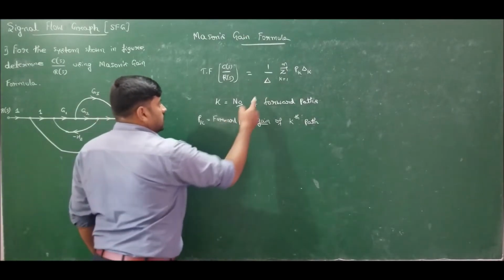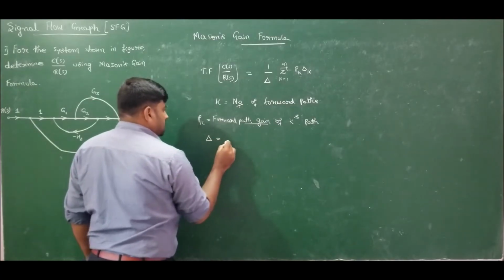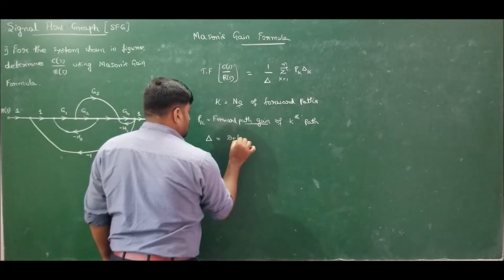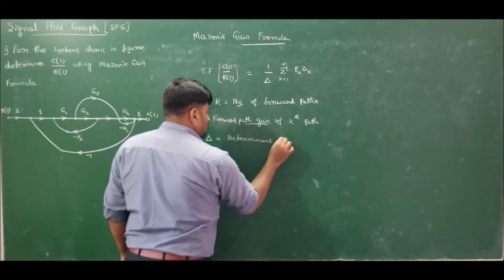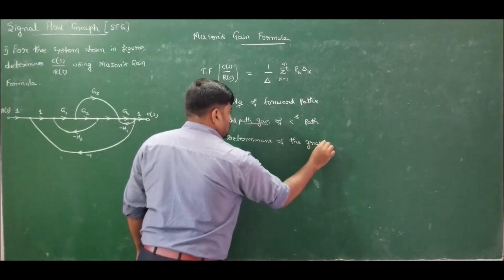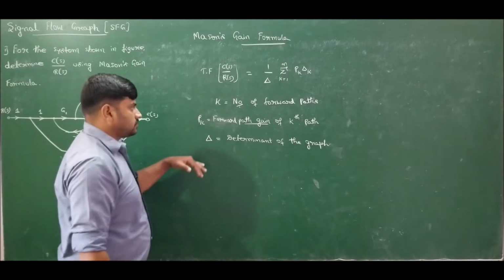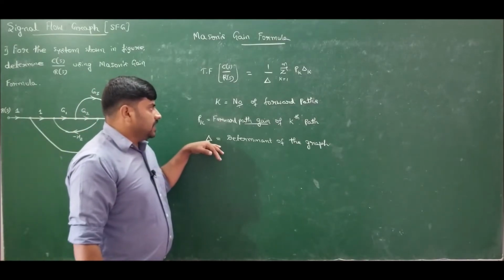Next, coming to delta. Delta is nothing but the determinant of the graph. How to determine the determinant of the graph?